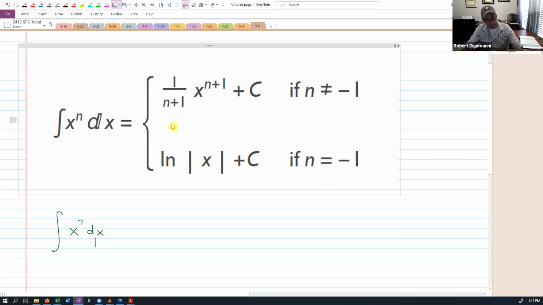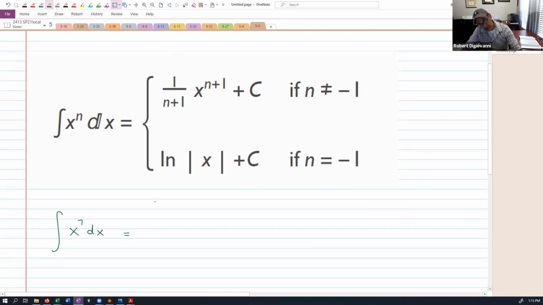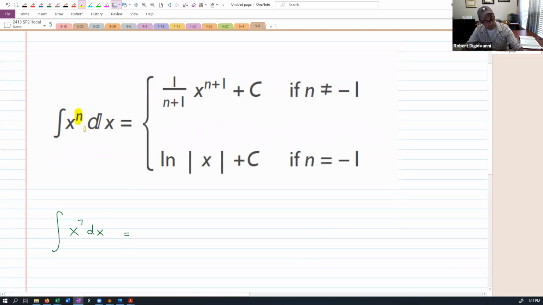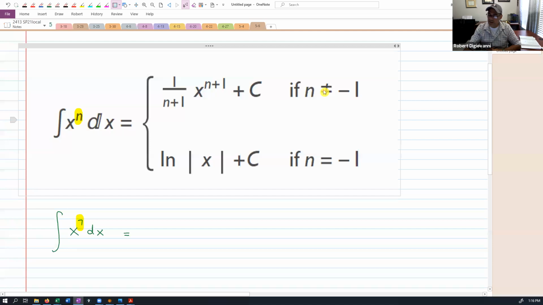This is saying that the answer is going to be one of two things. First of all, if n is not equal to -1, where n is the power. Do y'all see n is the power here? Our power is 7, right? So we would be using the top one, because 7 is not equal to -1.